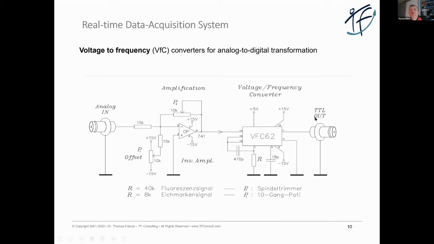And the thing was that we had a TTL output. So we had a very easy way to do an analog to digital transformation by using these VFC62 chips. At that time, I think this was a very good idea. We had to implement this, and it was very successful.